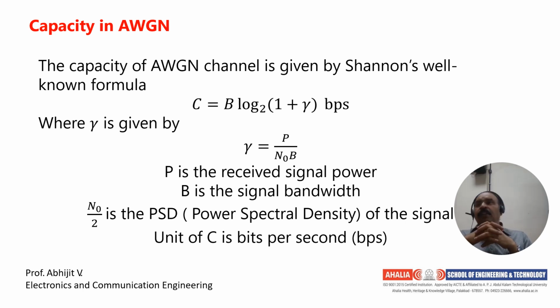As we have seen in the introduction, we don't need to study its derivation, but we need to study its formula. The capacity of an AWGN channel is given by Shannon's formula. C is equal to B log to the base 2 1 plus gamma bits per second.